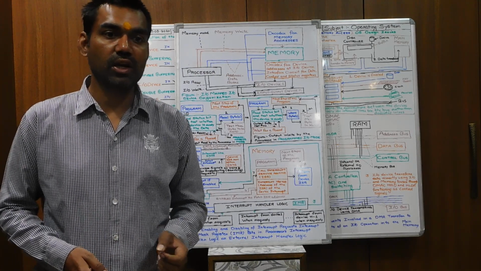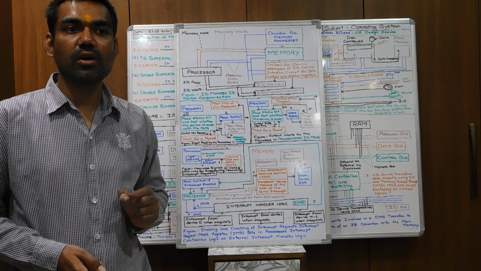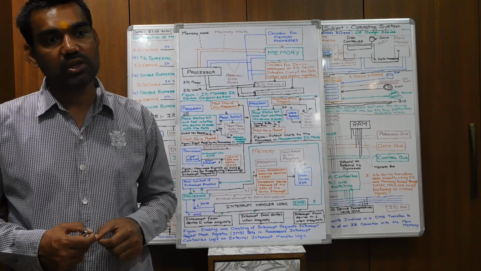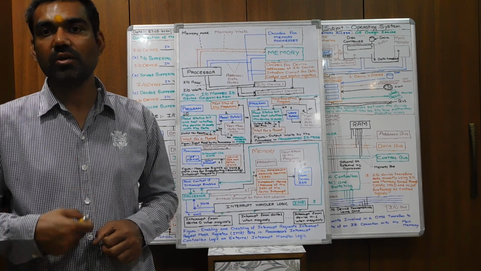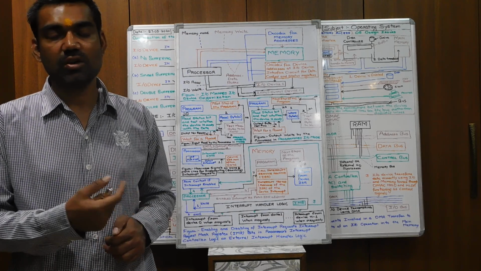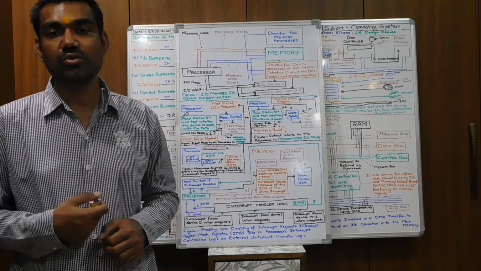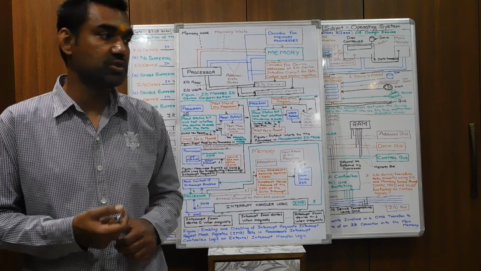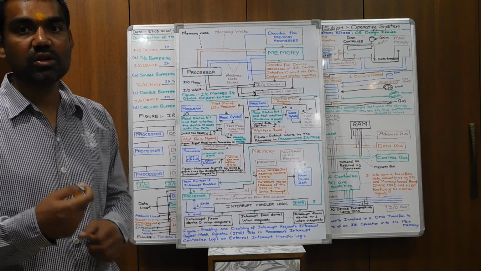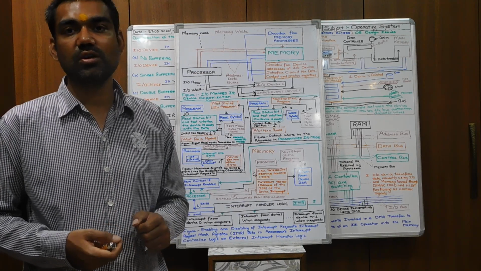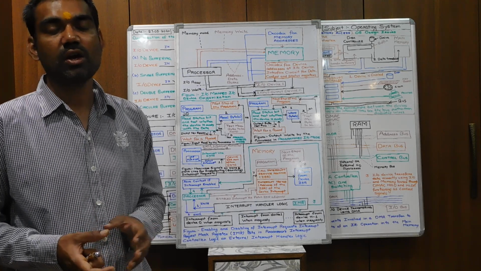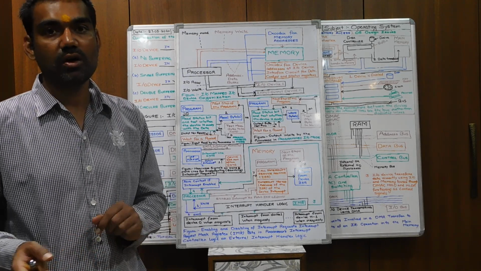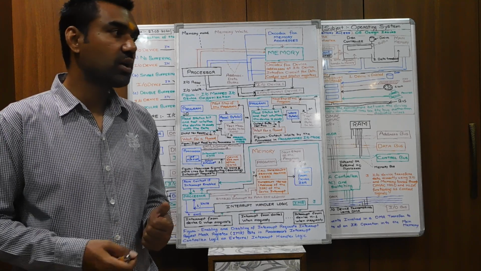So when an interrupt is acknowledged, the invocation of the interrupt service procedure, the interrupt handler, is going to take place, the execution is going to happen, and the resolution of the interrupt is going to come.